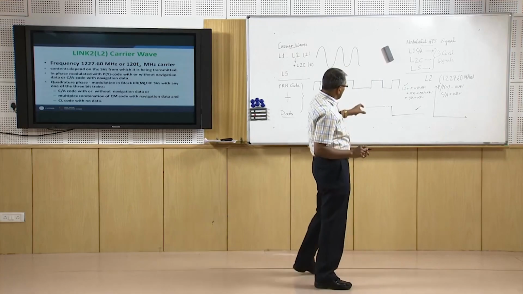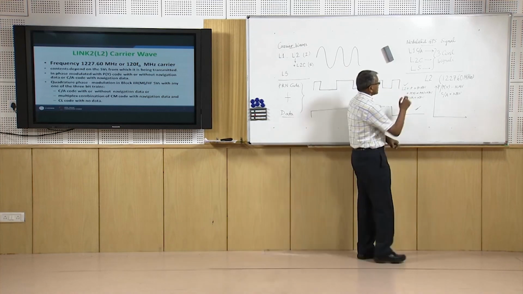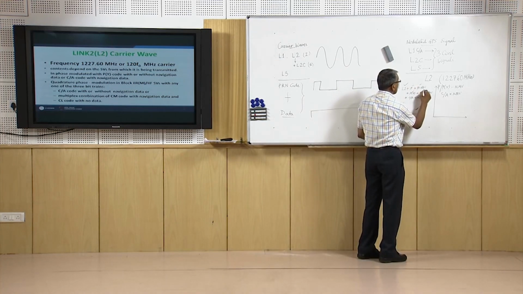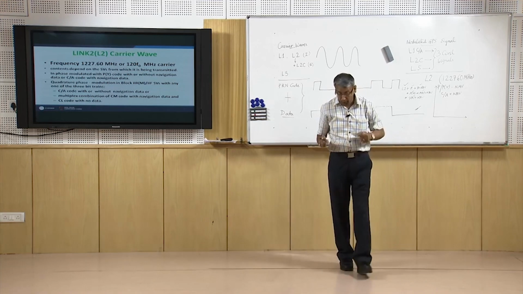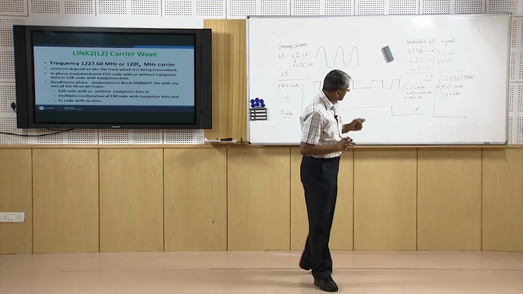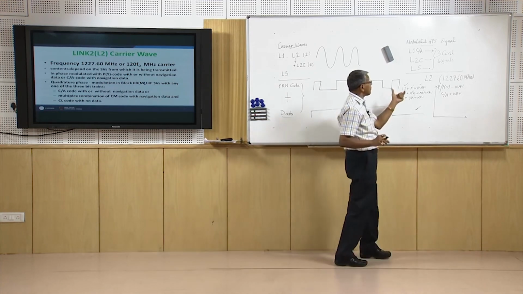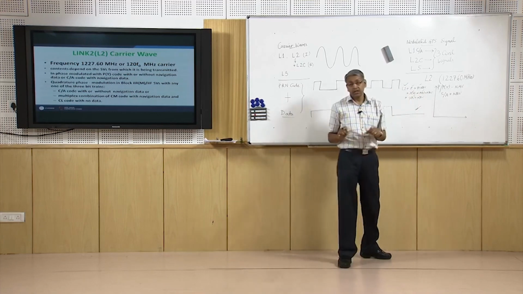Which of these combinations, 1, 2, 3, 4, 5, will be available in a particular signal will depend upon from which satellite this signal is coming.